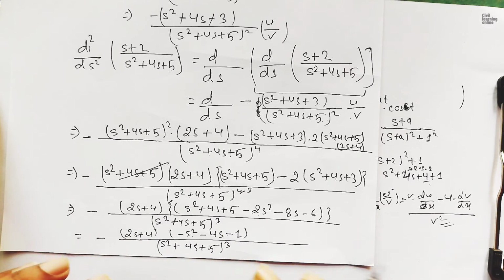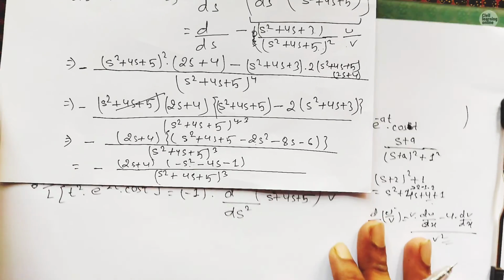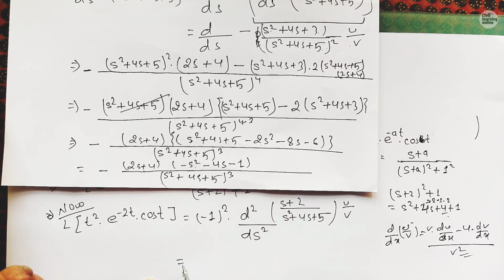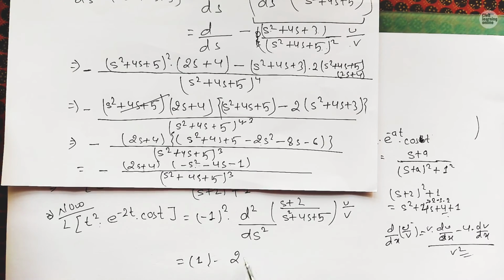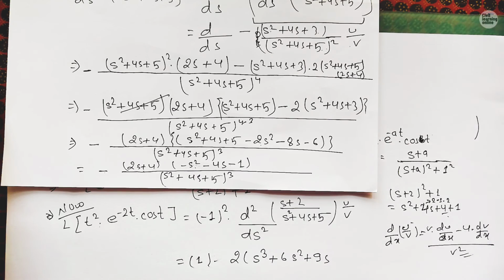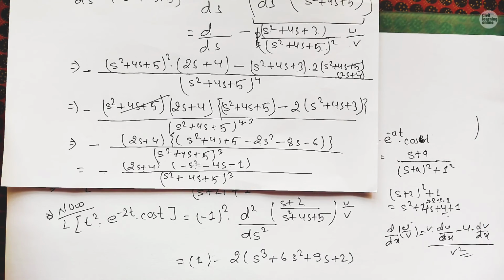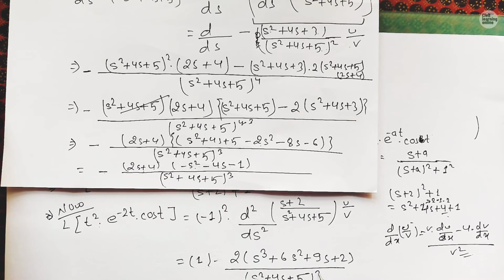On solving this, the minus 1 makes the sign positive, and we get the final answer as 2 times (s to the power 3 plus 6s square plus 9s plus 2) upon (s square plus 4s plus 5) to the power 3. On solving this we get this answer, and this is our final answer.